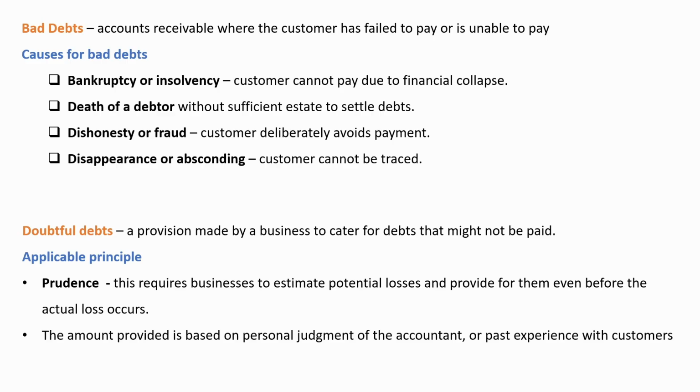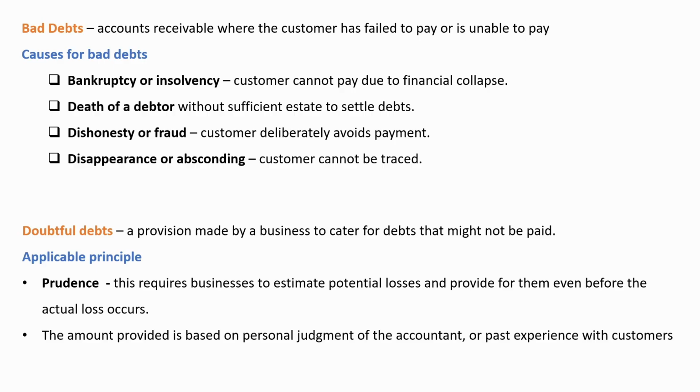So what you do, you make an allowance or a provision. That allowance is supposed to be an expense in the profit and loss account. If the customer does not pay, how much will you lose? Most of the time, businesses set a percentage, for example, 5% or 10%. And then they say, out of the sales we have made this year or this month, let us assume that 10% will not be paid by the customers.